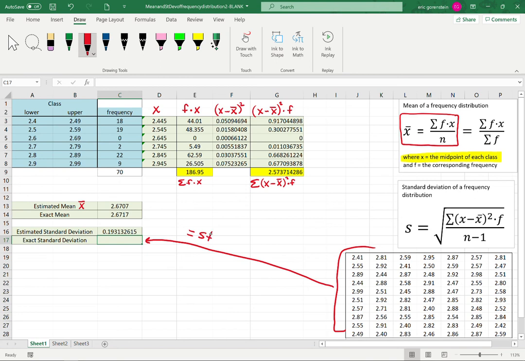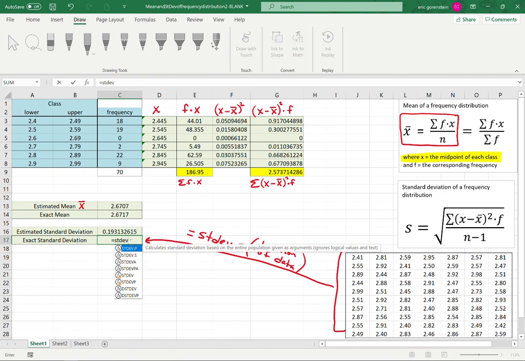Equal stdev.s, and in parentheses the location of the data. So over here next to exact standard deviation, let's say equal stdev, and the dot s is because it's the sample standard deviation, and then in parentheses, I'll just use my mouse to select the data that I want to find the standard deviation of.